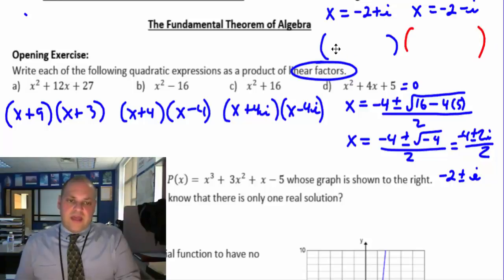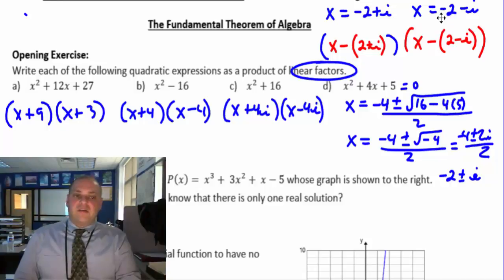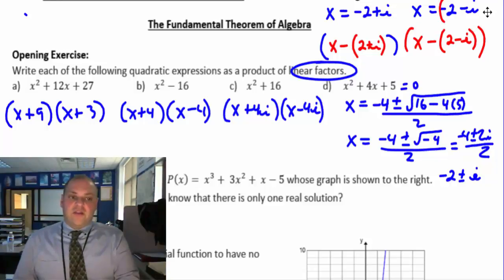Well, this one would be x minus negative 2 plus i... no, sorry, you always do the opposite.